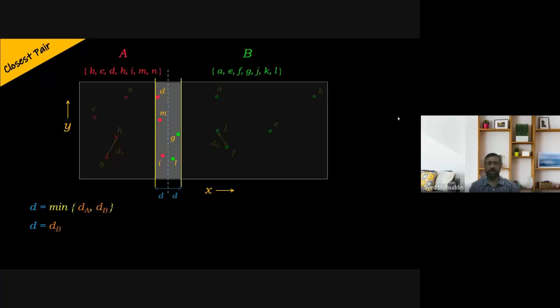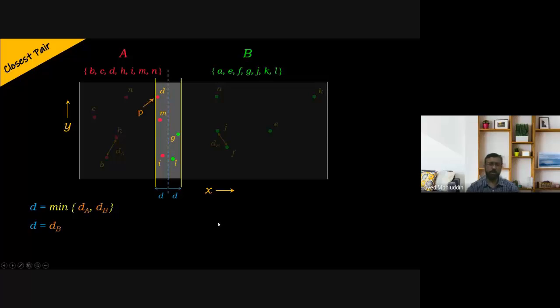The third case is that one point of the closest pair can be in partition A, and the other point of the closest pair can be in partition B. Using the dividing approach, we have found the closest pair in A and in B. Now we are trying to find if there exists a closest pair whose one point is in partition A and the other point is in partition B.